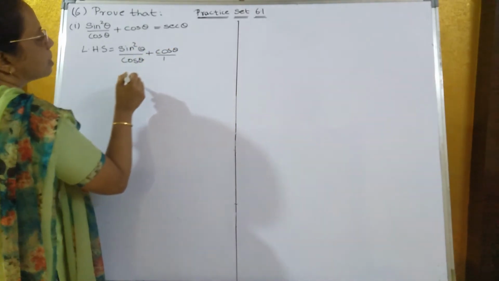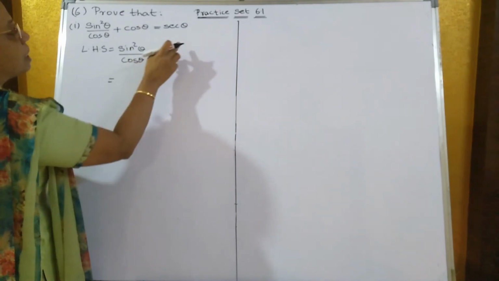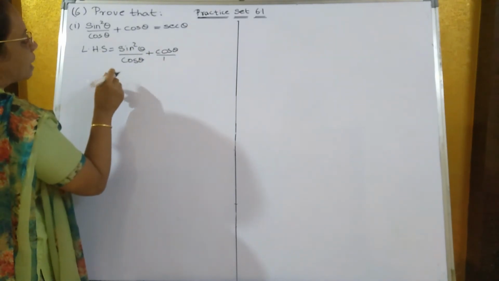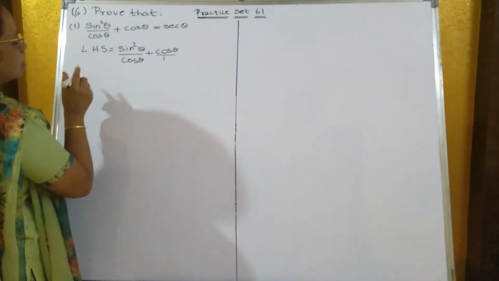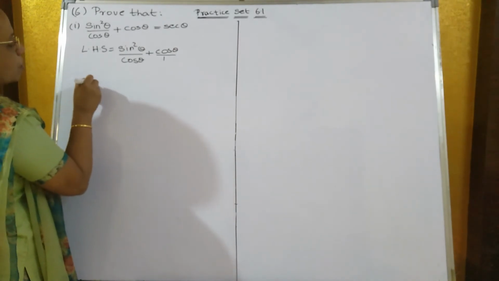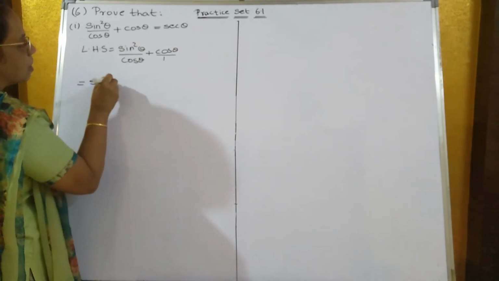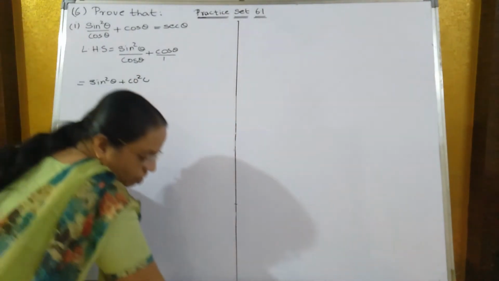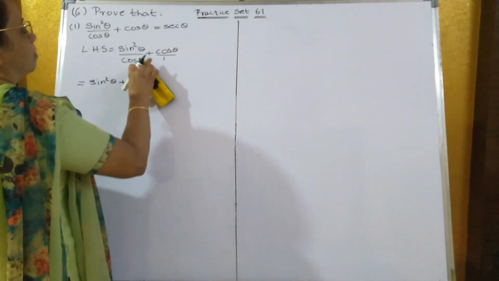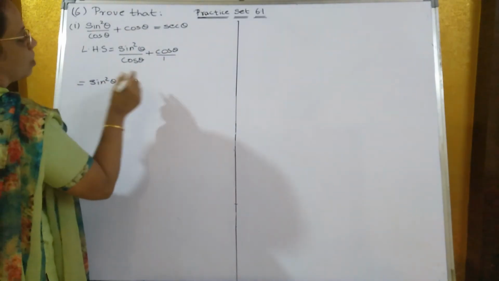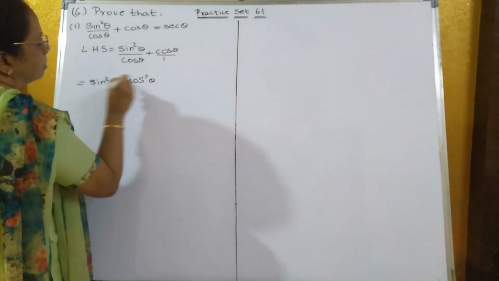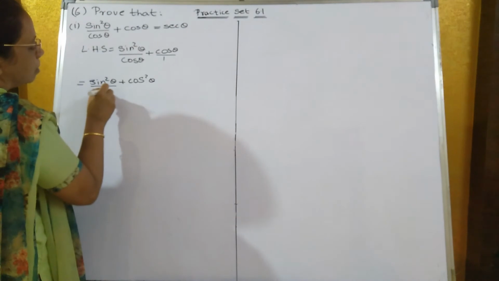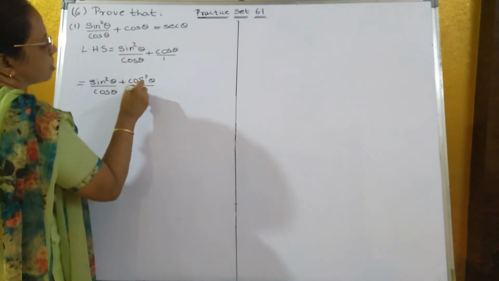Here it is upon 1, so we will multiply by cos theta over here. So we will get sin square theta plus cos square theta upon cos theta.